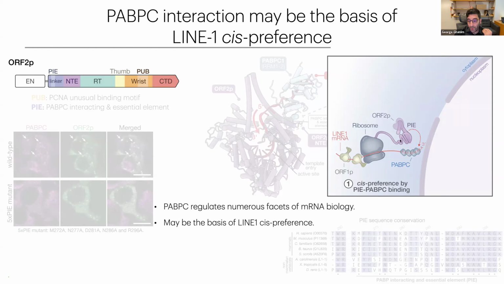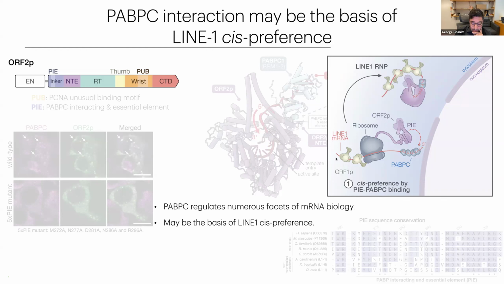So during translation of ORF2p, poly-A binding to this PIM site could potentially establish cis-preference and could potentially position the RNA for co-folding of the reverse transcriptase domain on the RNA even before the reverse transcriptase has even been synthesized. So we think that it might explain this feature called cis-preference.